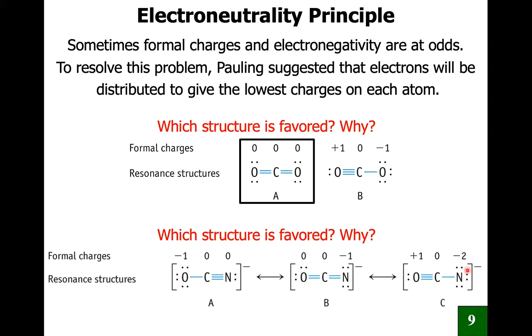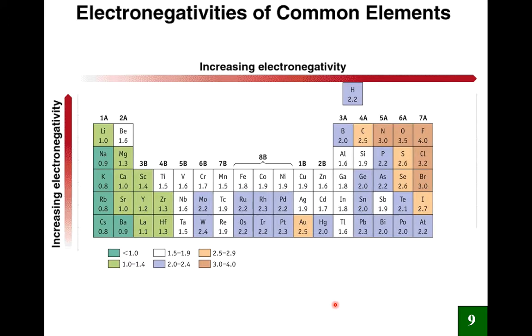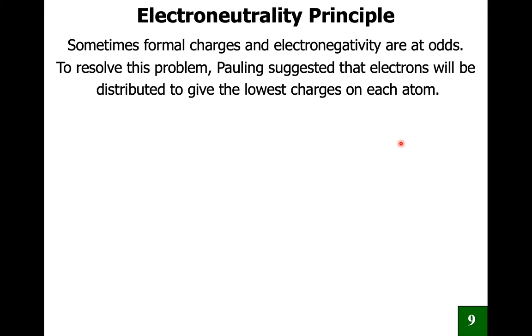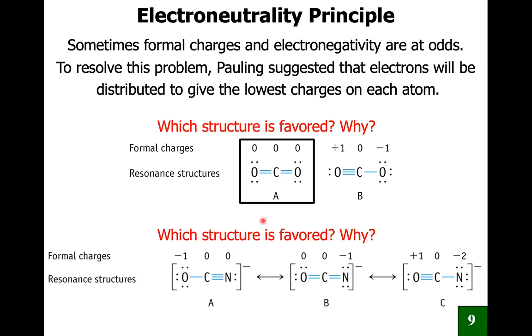By this electroneutrality principle, this last one is the worst structure, because we have bigger charges. We want to avoid charges at all if possible, and if we must have charges, then we want them to be as small as possible. So C is the worst, and then we have to decide what's better, A or B. If we go back to our electronegativity table, the atoms in OCN are O, C, and N. Oxygen has quite a bit higher electronegativity than nitrogen, so oxygen is the better choice to have the negative charge.